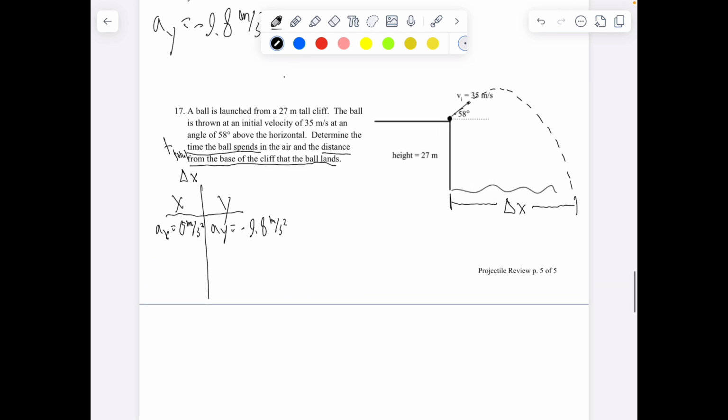We are given this height. That is our delta y. So let's plug that in as well. We know the delta y, where we're really falling here, that is going to be 27.